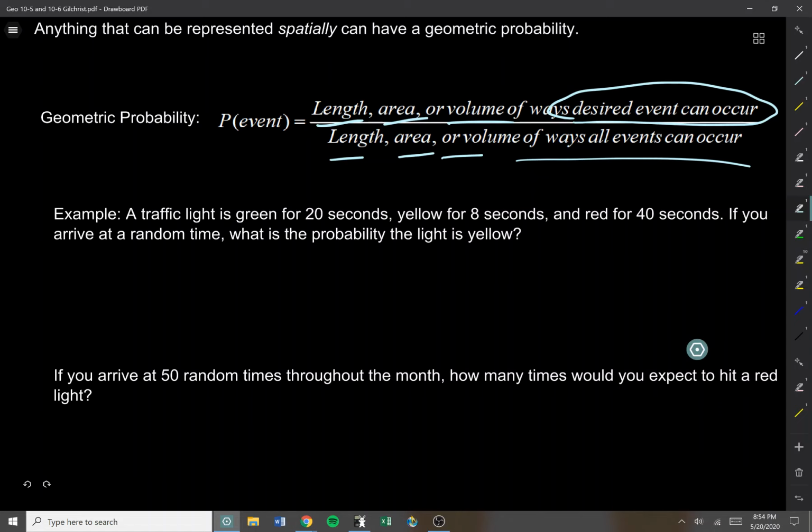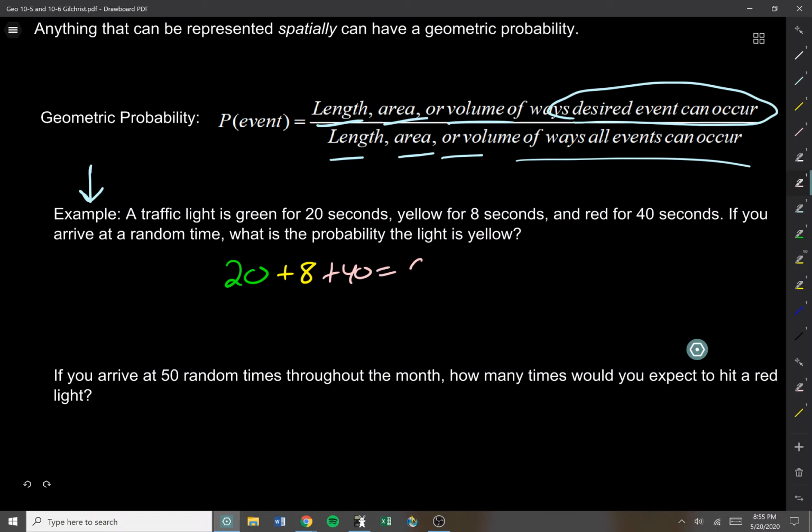So let's start with an example that can be done geometrically or not geometrically. Okay, a traffic light is green for 20 seconds, yellow for 8 seconds, and red for 40 seconds. If you arrive at a random time, what is the probability the light is yellow? Well, you probably recognize that you could just think of this as green is 20, yellow is 8, and red is 40.